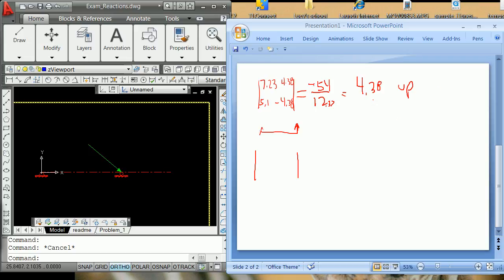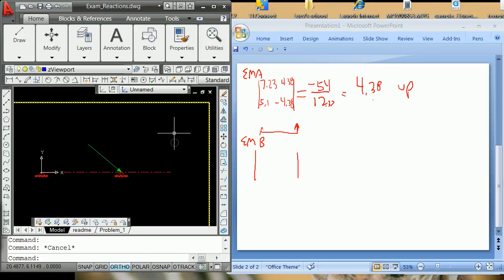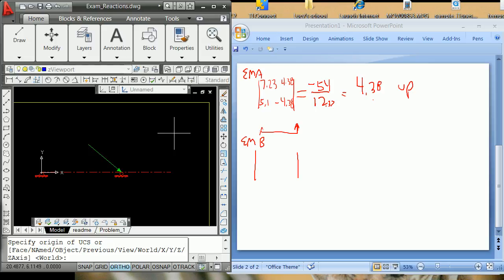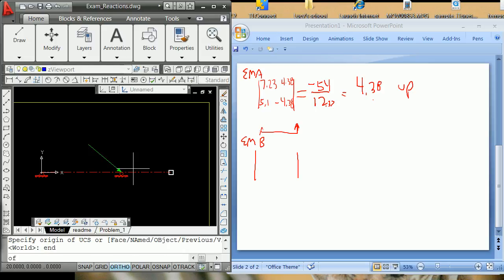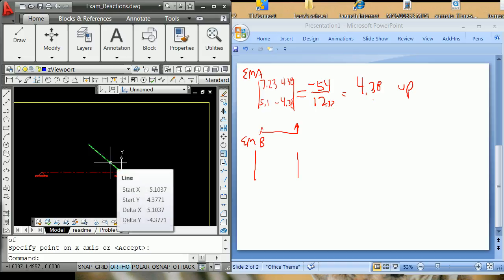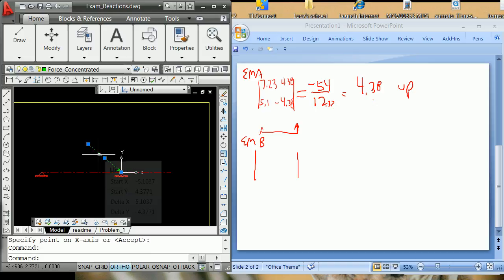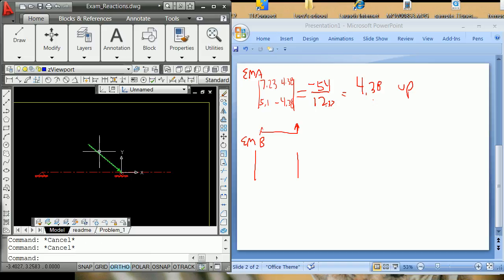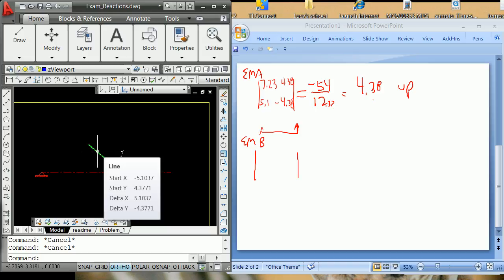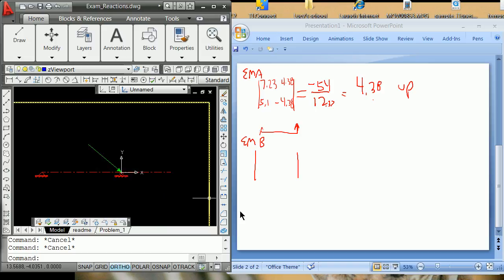But this is the sum of the moments about A, and now we're going to do the sum of the moments about B. And how do we do that? Well, we can go over here, UCS, from the end point there, hit an enter to accept, and now this time we have our vector beginning at minus 5.1 and 4.38.